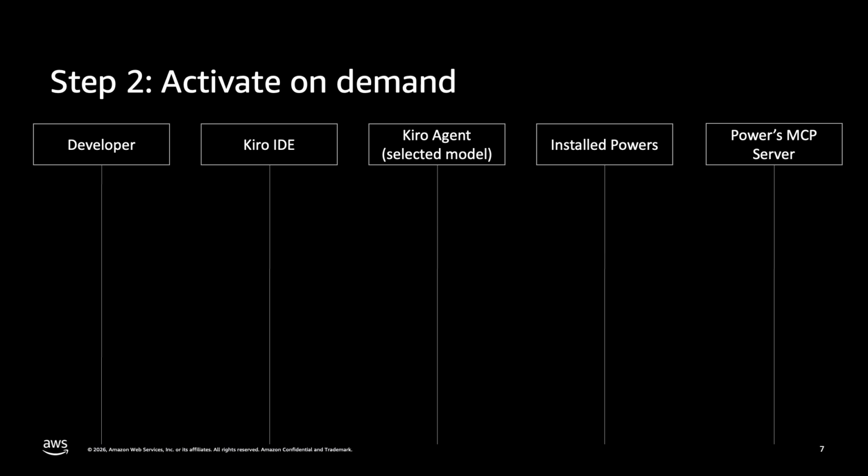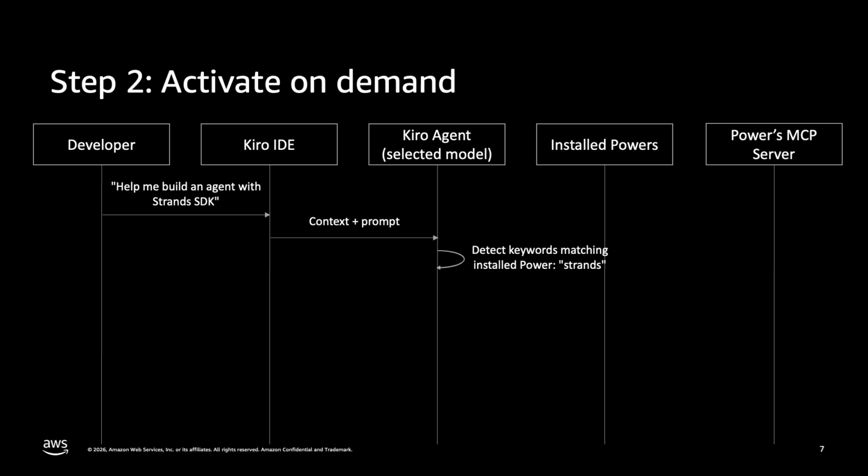Now, here's where it gets interesting. You send a prompt, something like "Help me build an agent with Strands SDK." Kiro passes that along to the agent with full context. The agent looks at your prompt and notices that the word strands matches a keyword from one of the installed powers.